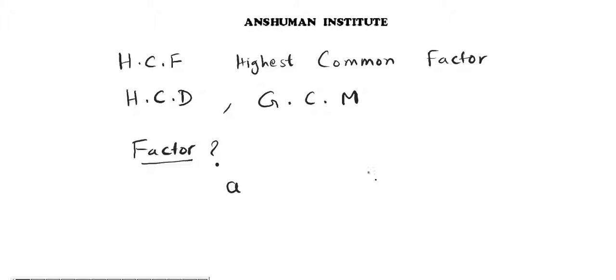Suppose there are two numbers a and b. If we say that a is a factor of b, then b is exactly divisible by a. So this b is exactly divisible by a.